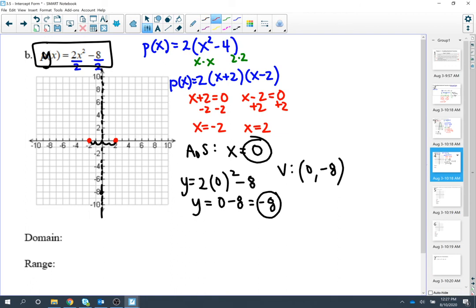And again, at this point, you would be good to go ahead and graph. You have enough points. But if I want to get even more accurate, my a value is going to say go over 1, up 2. Over 1, up 2, and then I'm going to try my best to graph.